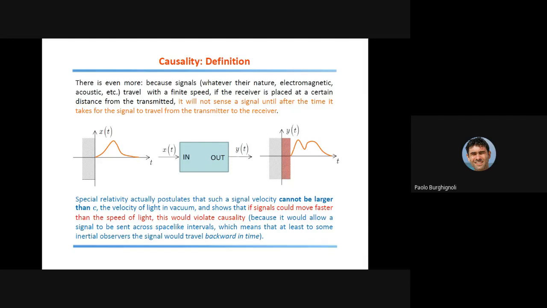So if special relativity holds, and all the experimental data we have collected so far indicate that special relativity is valid, then if you don't want to violate causality, you should enforce that any physical speed of your signals be lower than the speed of light in free space, in vacuum.